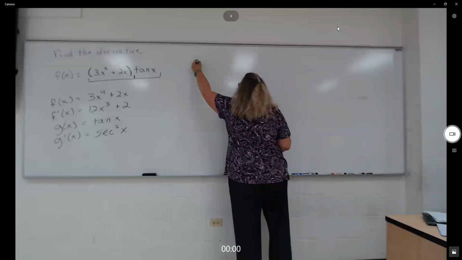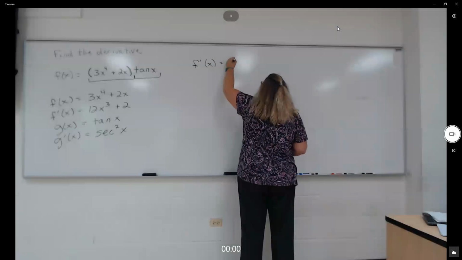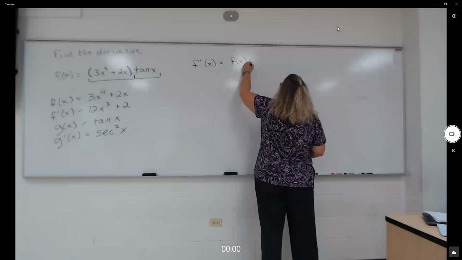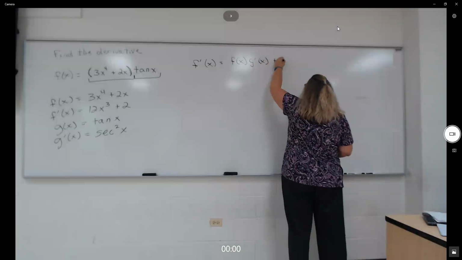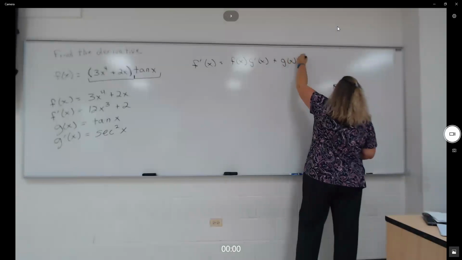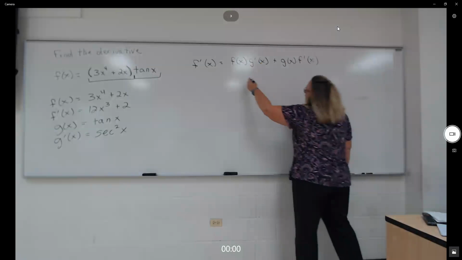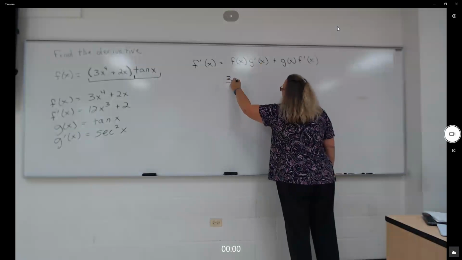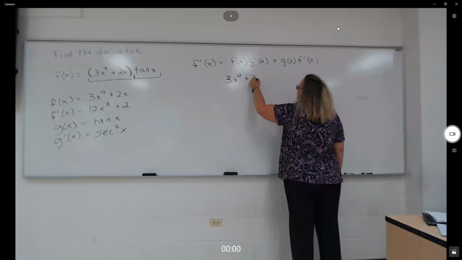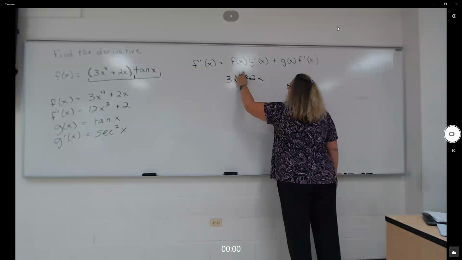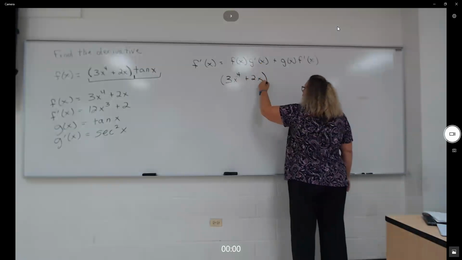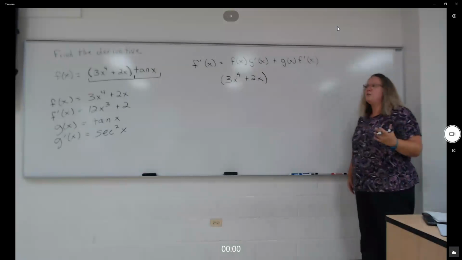And then we'll just go at it. Derivative of the first times the second plus the second times the derivative of the first. And then the first is just 3x to the 4th plus 2x. We'll put parentheses around that because that is a group.